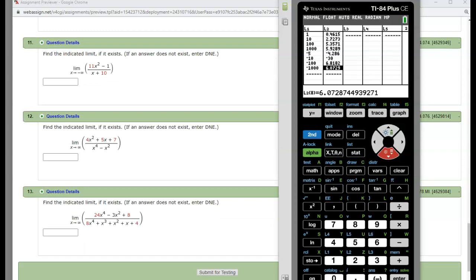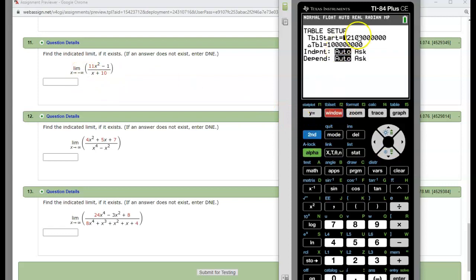To evaluate the next 3 limits, you can put these into your calculator. Negative infinity means I'm going to want a second table set of a large negative value with the delta table large. And you can determine whether that's infinity or some particular number that it settles down to. There's a shortcut way to do this.